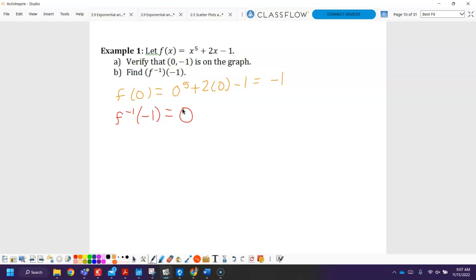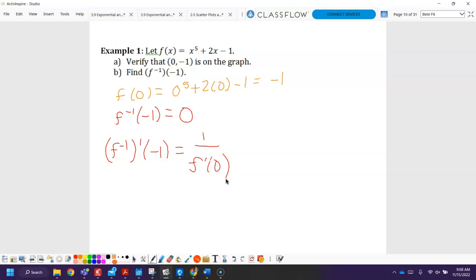The inverse contains the point f inverse of negative 1 equals 0. So (negative 1, 0) is on its inverse. So the derivative of f inverse at negative 1 is equal to 1 over f prime of 0. That's what that says.